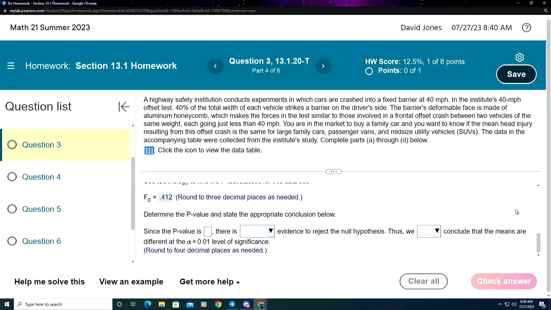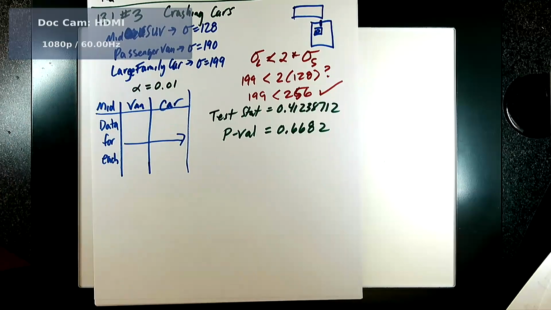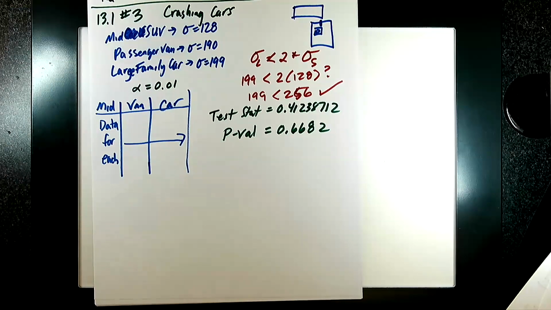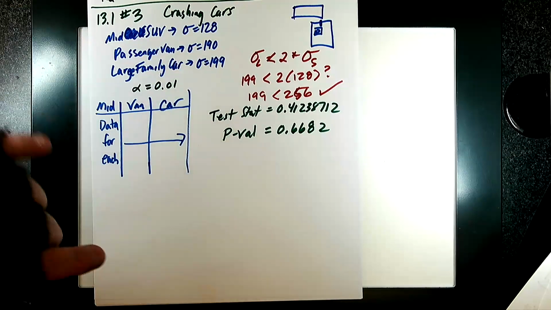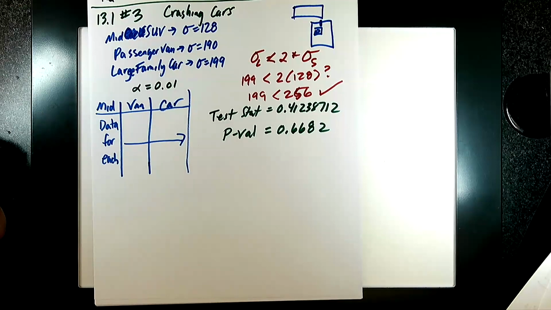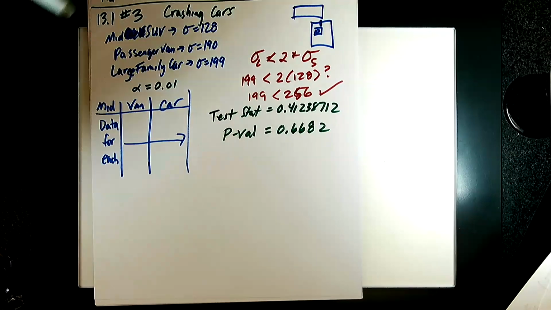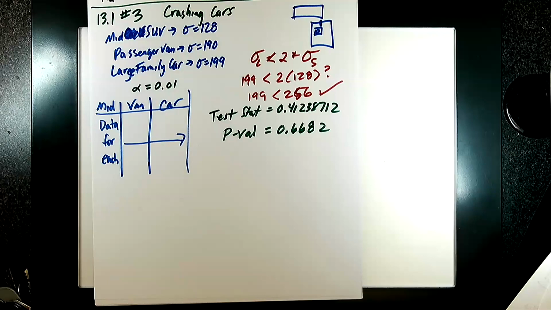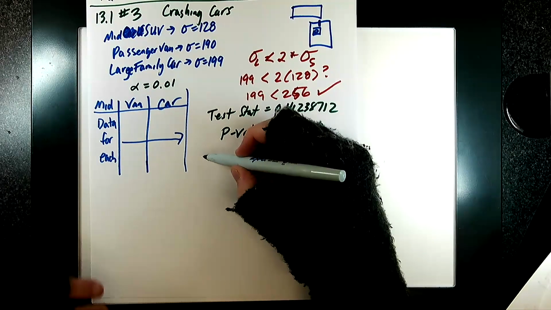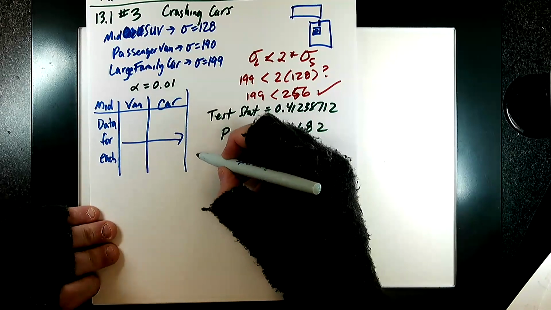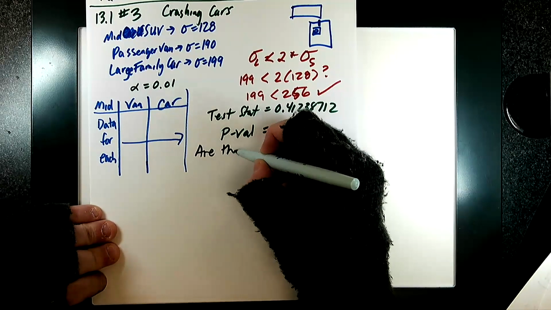And now they're going to ask us to conclude. So let's walk through our hypothesis test real quick. This is the kind of thing you'll be given. You'll be given the table of numbers. You will be given the test stat. You'll be given the p-value. And some question, in this case, are the mean head injuries different?